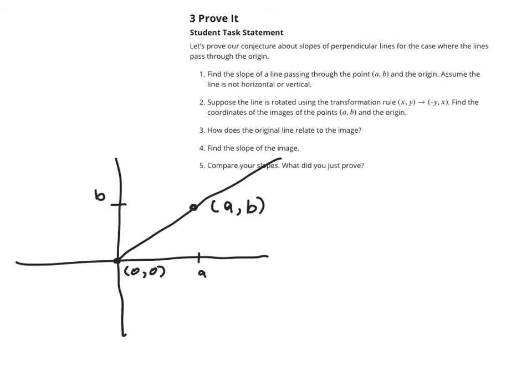Suppose the line is rotated using the transformation (x, y) goes to (-y, x). Let's do that in red. That means if I'm (a, b), it's going to go to (-b, a).